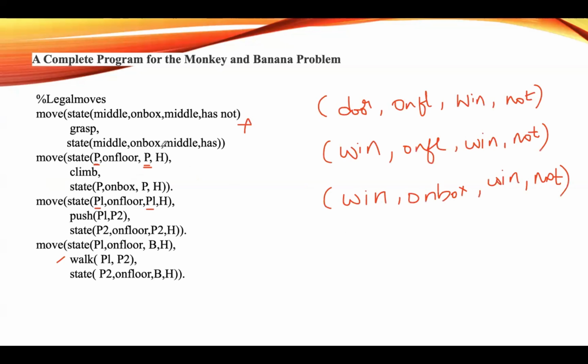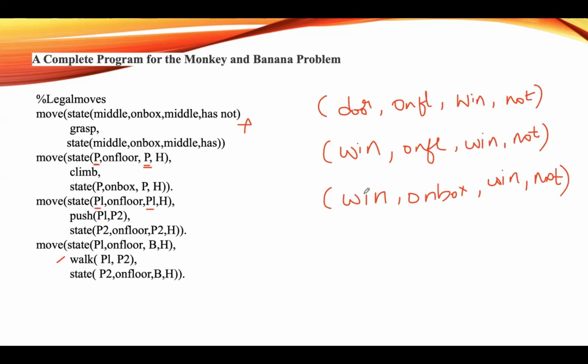Now check the possible suitable move for this condition. So monkey should be at the window, and monkey and box should be at same place. And the condition is it should be on box. But in the two cases, monkey is on the floor only. So there is no move that matches this condition.